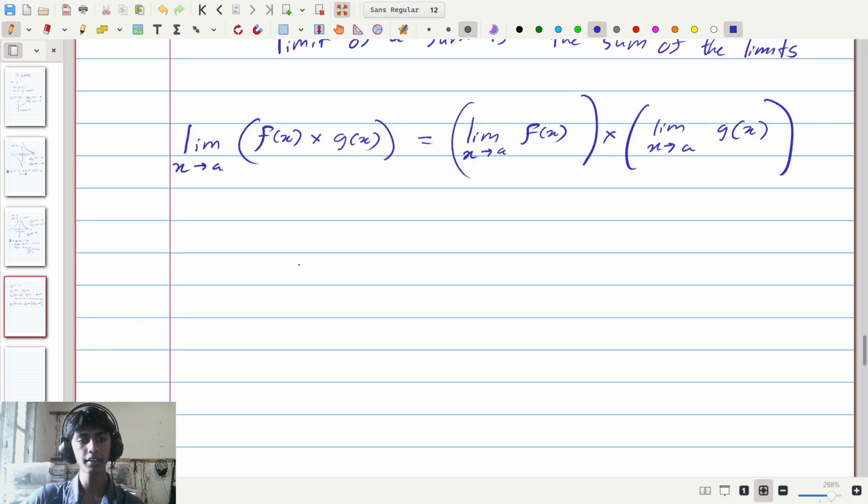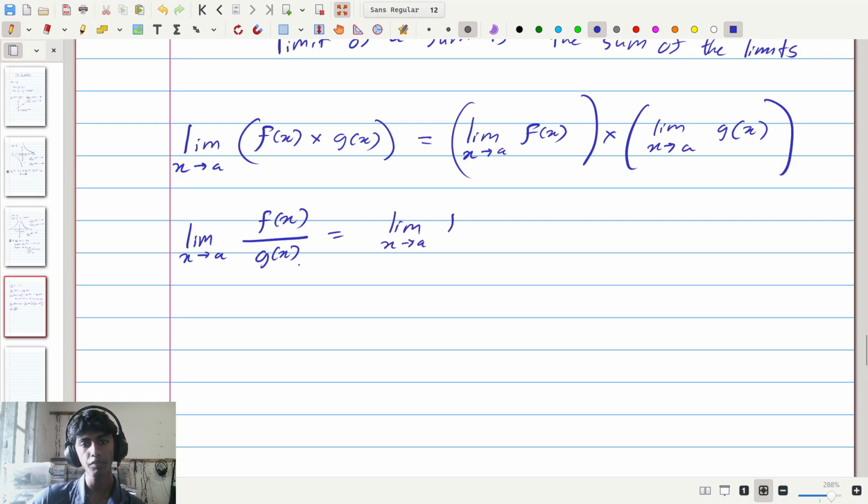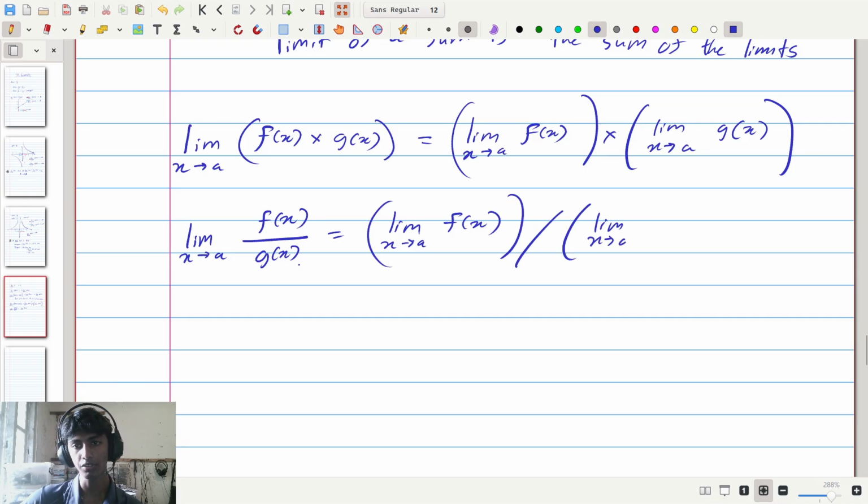As another one, similar to this, of course, the limit as x approaches a of f of x divided by g of x is equal to the limit as x approaches a of f of x divided by the limit as x approaches a of g of x. Now here there's another condition. Whenever you divide, you always need the condition that what you're dividing by is not equal to 0.